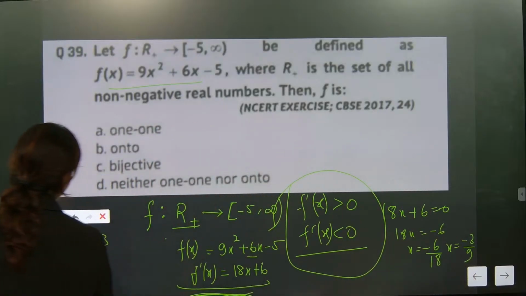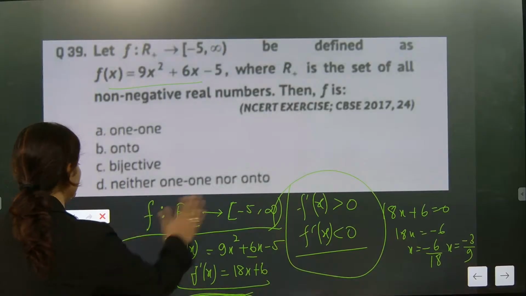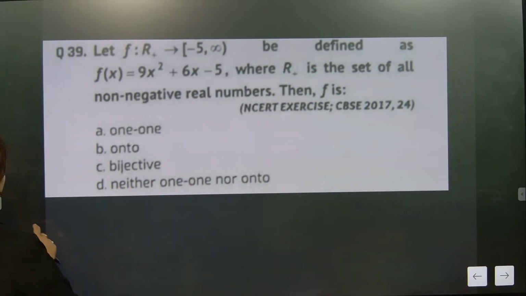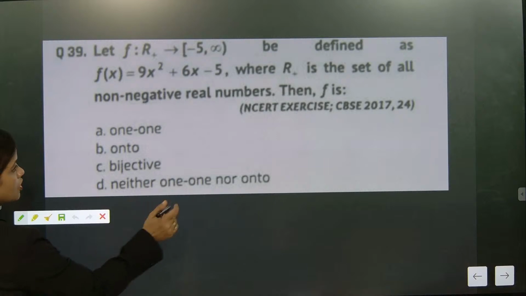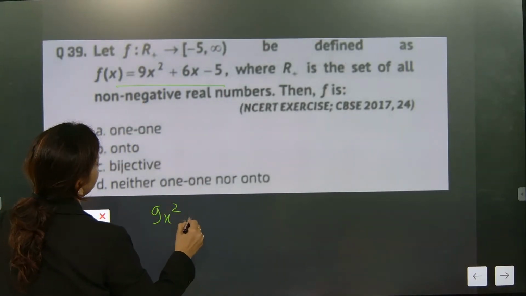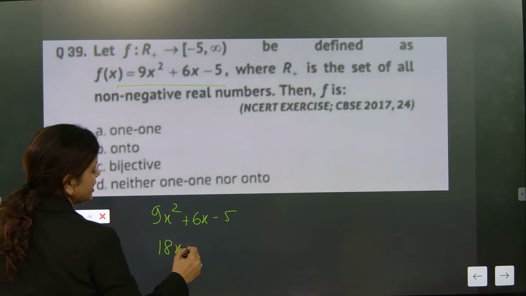You need to understand that whenever you are solving these questions, this is a simple technique I am teaching you, children. Please remember this part. Here the function is given as 9x square plus 6x minus 5. Differentiate it. It will become 18x plus 6.